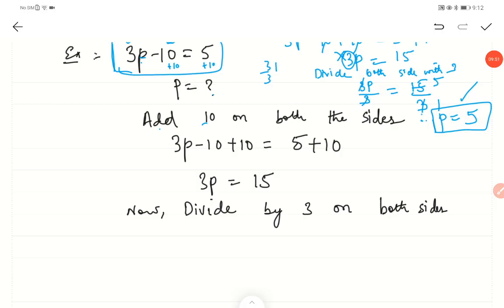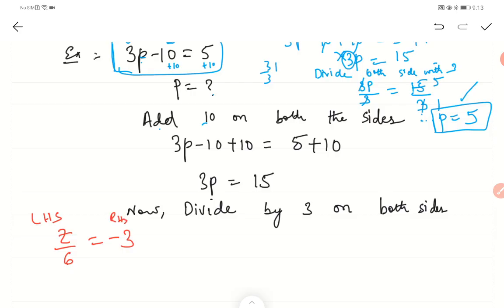Let me take a simple equation like z by 6 is equal to minus 3. Okay, let's try to solve this. So what is there on the left hand side? We have z by 6, right?